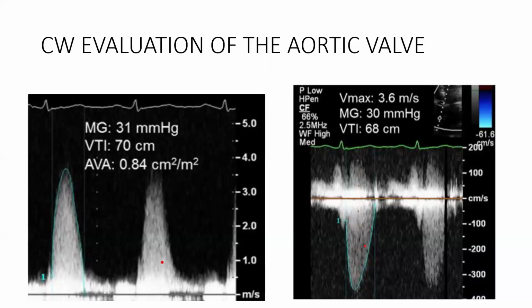However, assuming he has a severe low flow, low gradient AS with a depressed ejection fraction, we now talk of the use of the low dose dobutamine stress test because this patient is symptomatic. In a patient that is symptomatic, usually you don't want to take them through the rigor of the dobutamine stress test. But in those that are asymptomatic, you can actually go ahead to do a stress test.